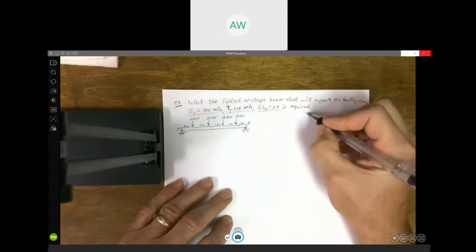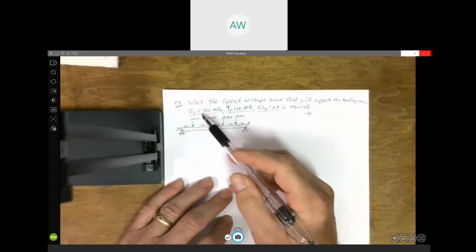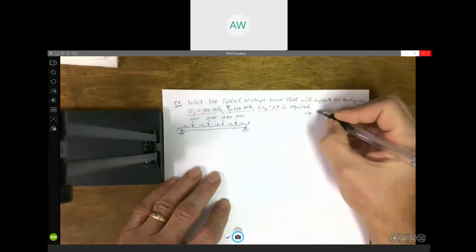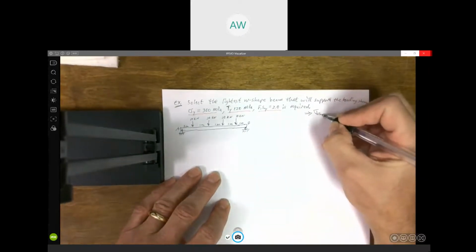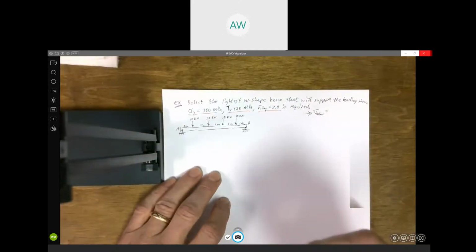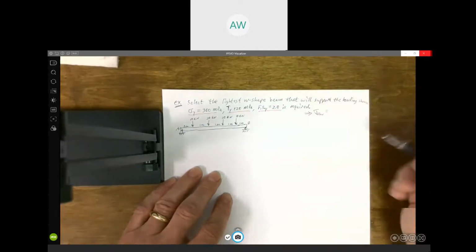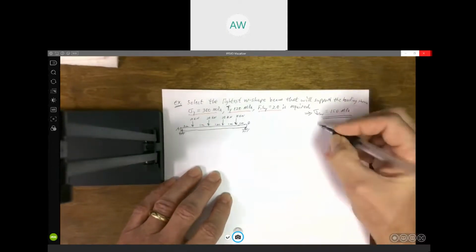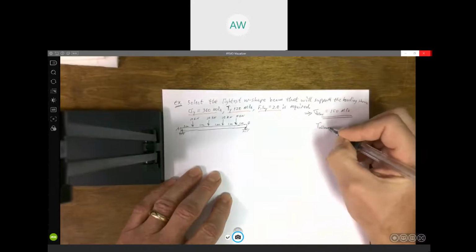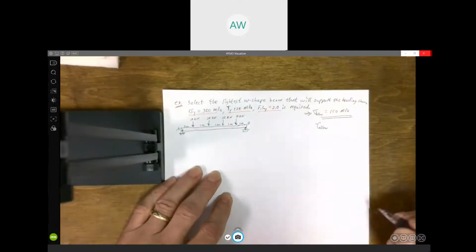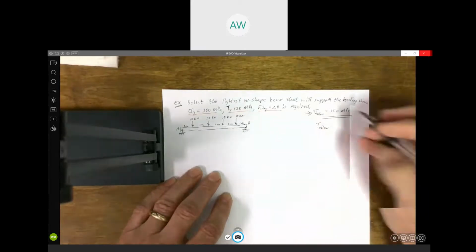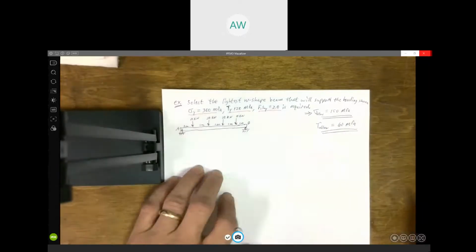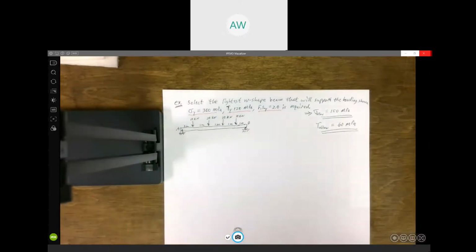So if the yield strength of this material is 300 megapascals and I got to have a factor of safety of 2, then my allowable normal stress, the maximum normal stress this beam can see, is 300 divided by 2, which is 150 megapascals. Likewise, the largest shear stress this beam can see is 120 divided by 2, which is 60. Right? So that's how we get our allowable stresses.